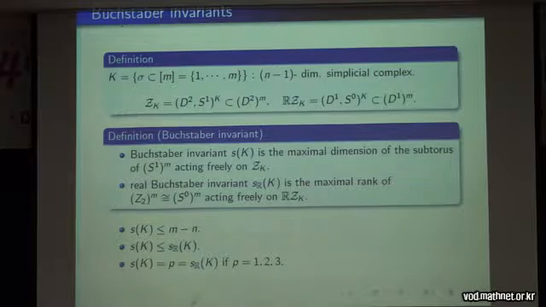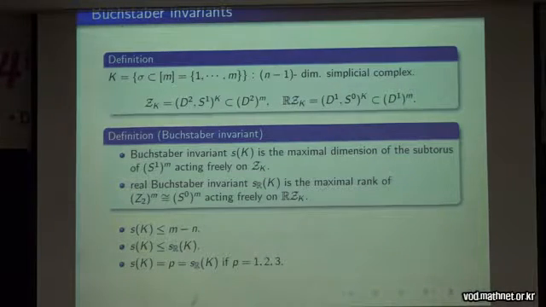Naturally, on ZK there is a natural TM action, and that action is not free in general, so we can define the Buchstaber invariant of K as the maximal dimension of the subtorus TM acting freely on the moment angle complex.